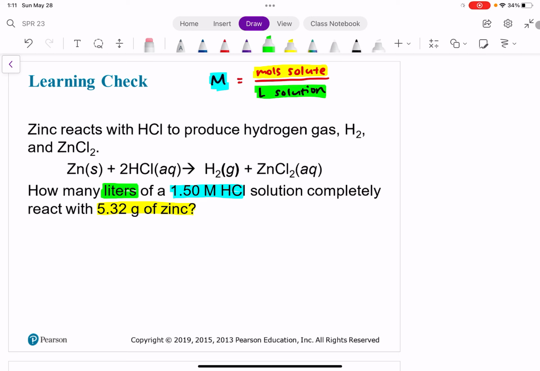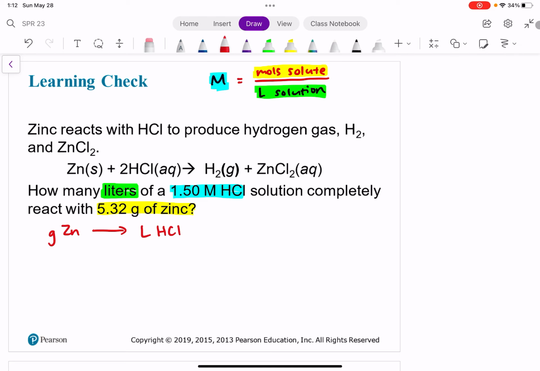Okay, so there's several steps to this. So let's go ahead and think things through. So we have grams of zinc. So I'm starting with grams of Zn. And I want to eventually end up in what? Yeah, liters of HCl.